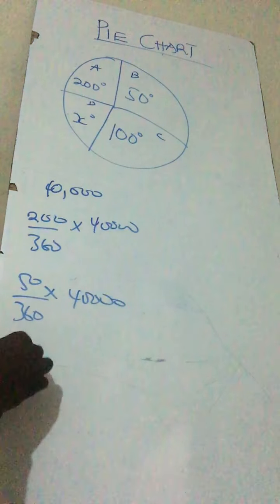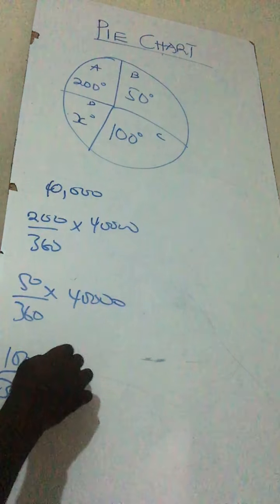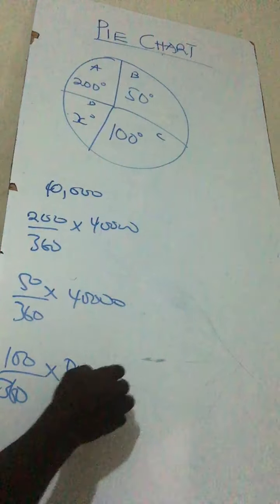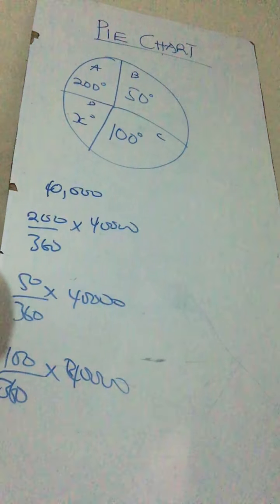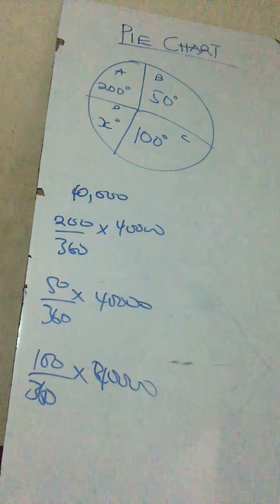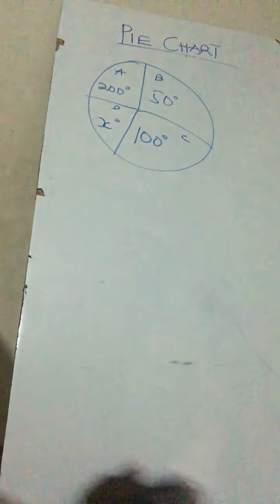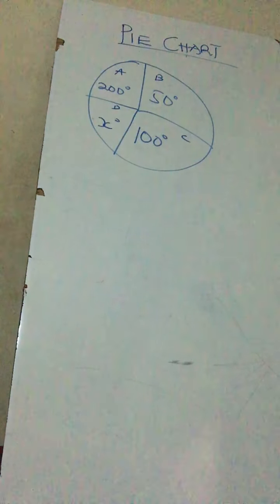C will be C's angle over 360 times 40,000. As simple as that. Are we okay? Good. With this, you'll be able to solve all the questions under it.